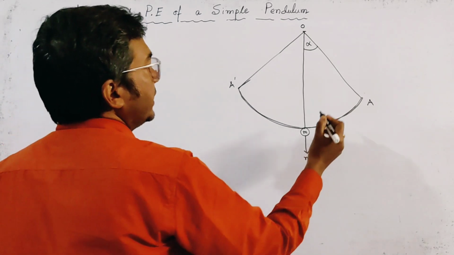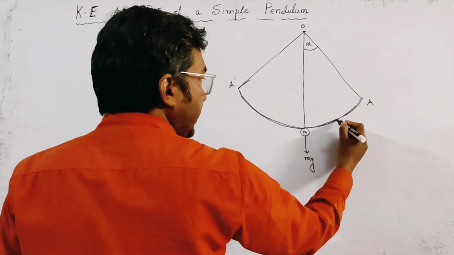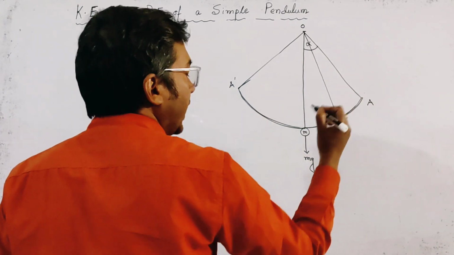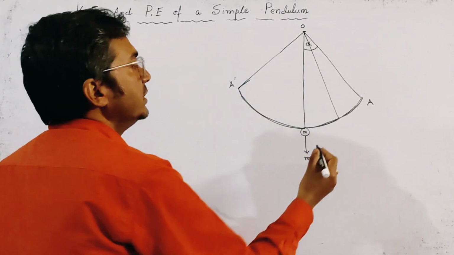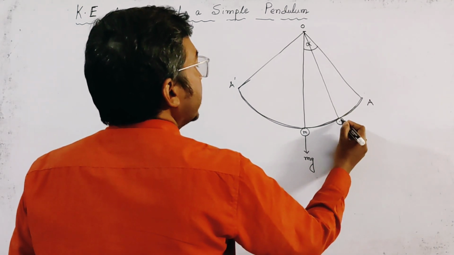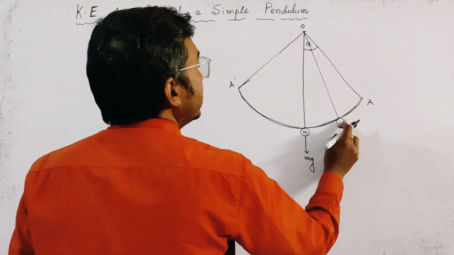Let P be any position of the particle at any time t. In this case this is the bob.